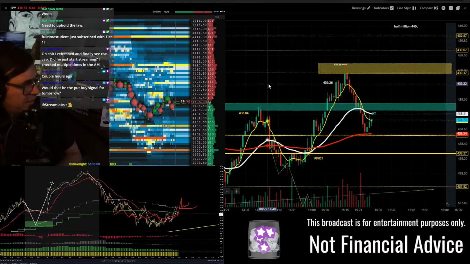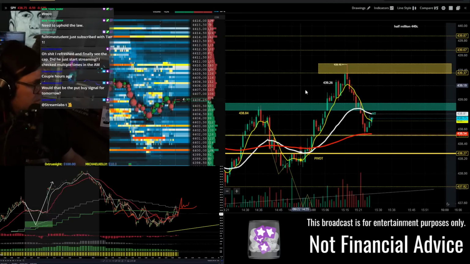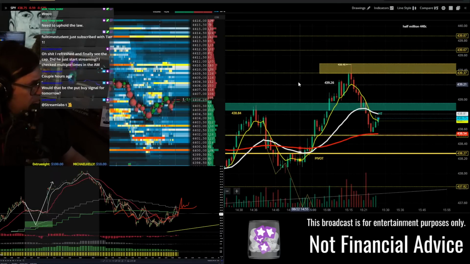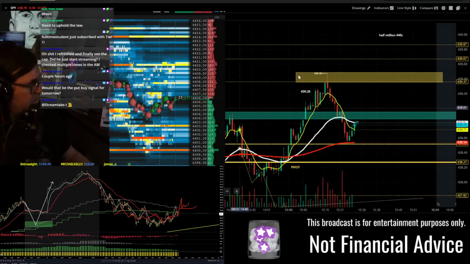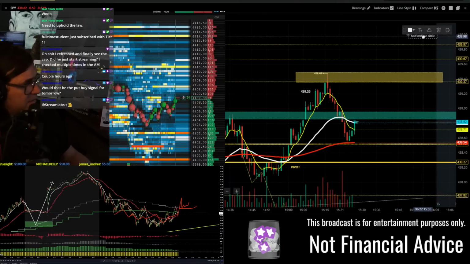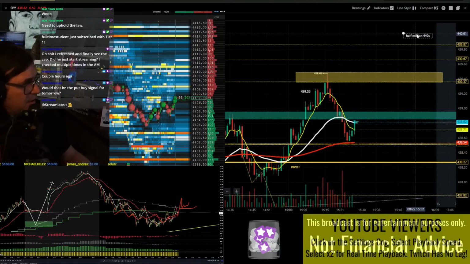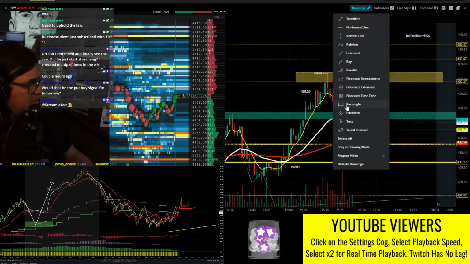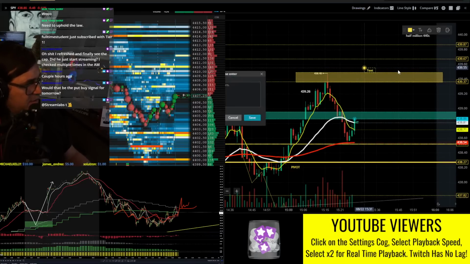Long 439 calls for 26 cents. Bulls have to close. Keep your eyes on this here. It's like a pin on the market trying to stop the market from closing any higher. Bulls need to close above this. They don't have a choice.